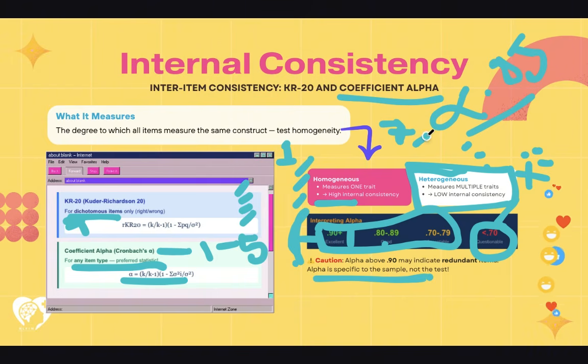So if you're going to use a test anchored on Gardner's theory of intelligence, it might yield low internal consistency because it's measuring different things in a single test.